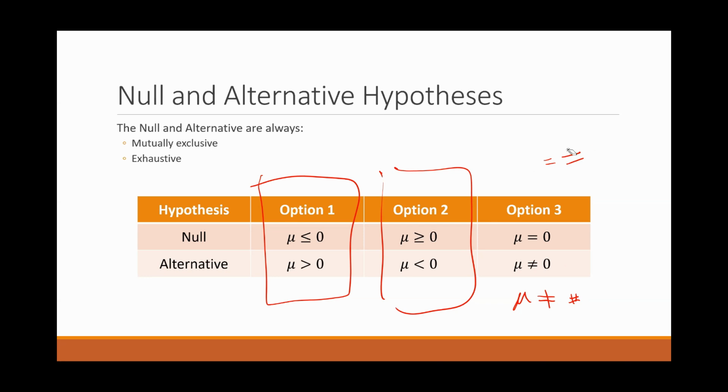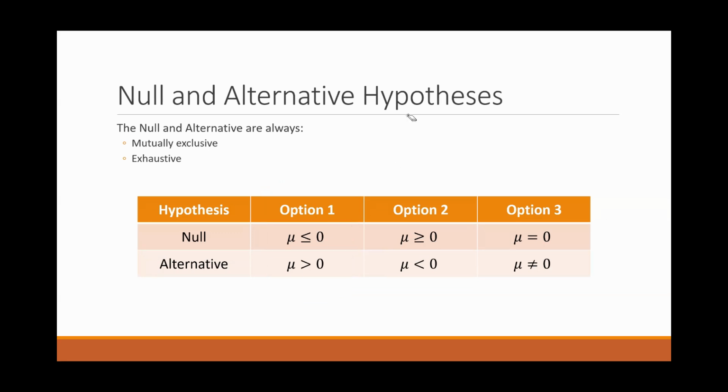Okay. Now, a different option, so let's go to our options 1 and 2. I could state that the null hypothesis is that mu is less than or equal to some number, in which case the alternative hypothesis is that mu would be greater than that number. One thing you'll notice here again is that these two hypotheses are mutually exclusive. They don't overlap.